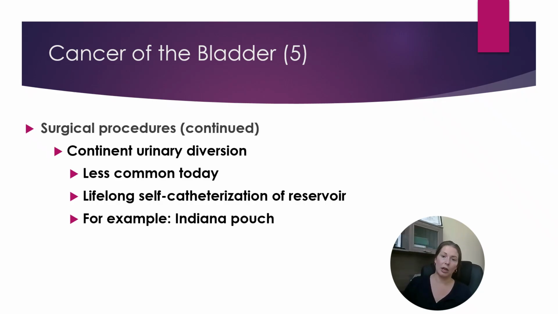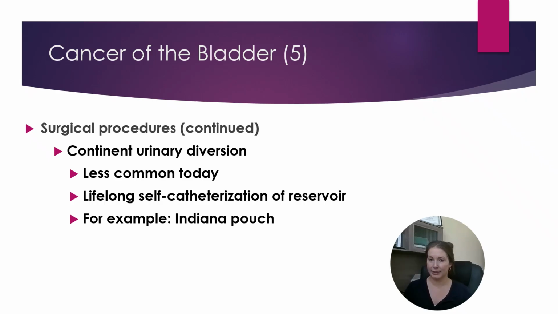So instead of having a stoma at your abdominal wall, you're going to urinate like usual. The benefit of this is it provides normal urinary function. Your younger patients usually would be good for this because it's still going to require some intermittent catheterization if incomplete emptying occurs.